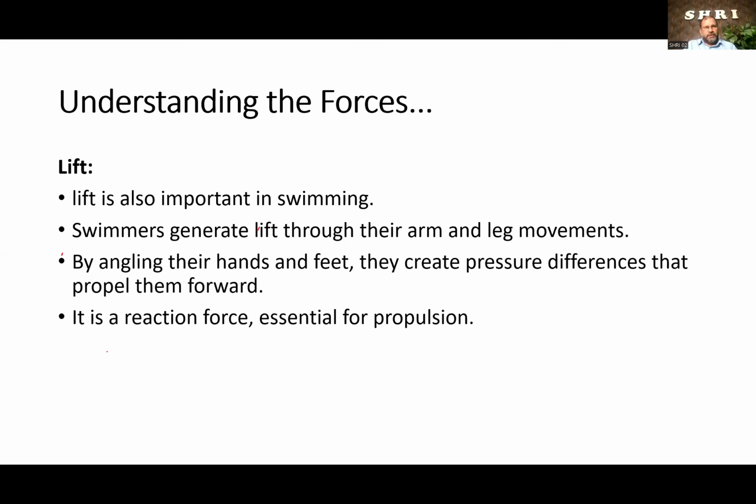Swimmers generate lift through their arm and leg movements. So they generate lift of their body in the water by moving their arm and leg in the water. So there are some tricky ways to increase these things. So by angling their hands and feet, they create pressure difference that propels them forward.